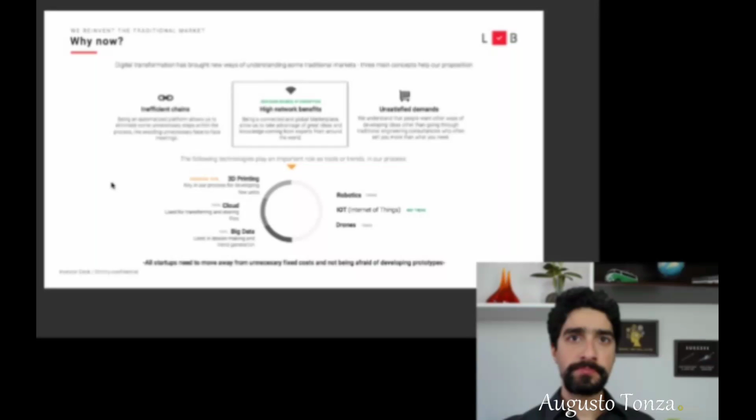So we're working around 3D printing, cloud storing, big data, robotics, IoT, drones, etc. That's our world. That's what we are creating in a small size, as I said. Okay.